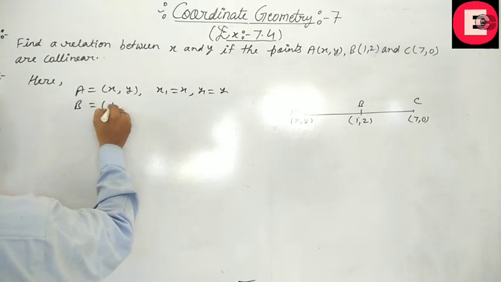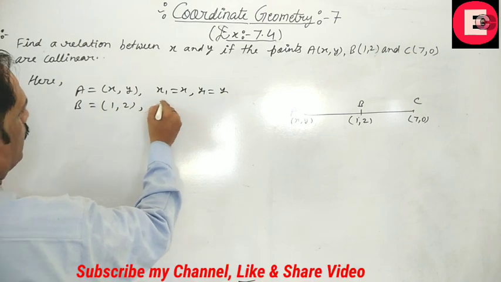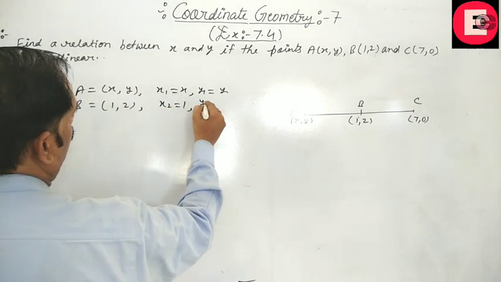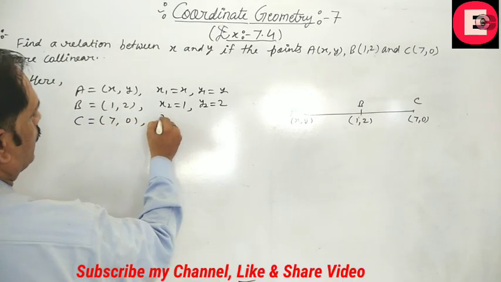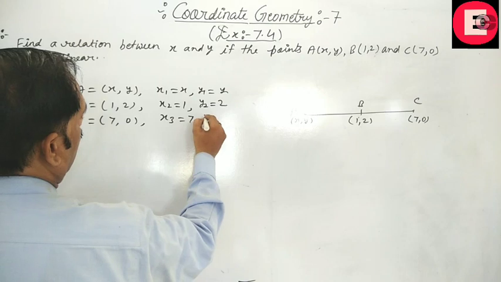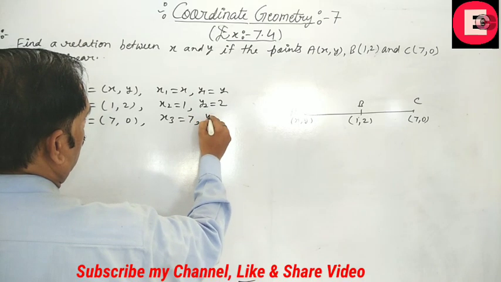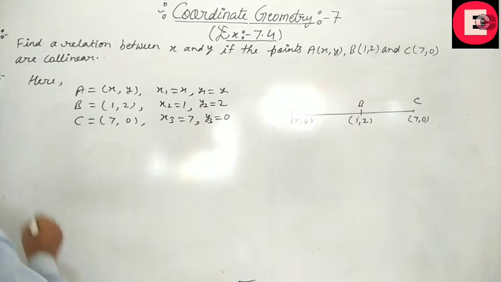Point B (1, 2) means x2 is equal to 1 and y2 is equal to 2, and C (7, 0) means x3 is equal to 7 and y3 is equal to 0.